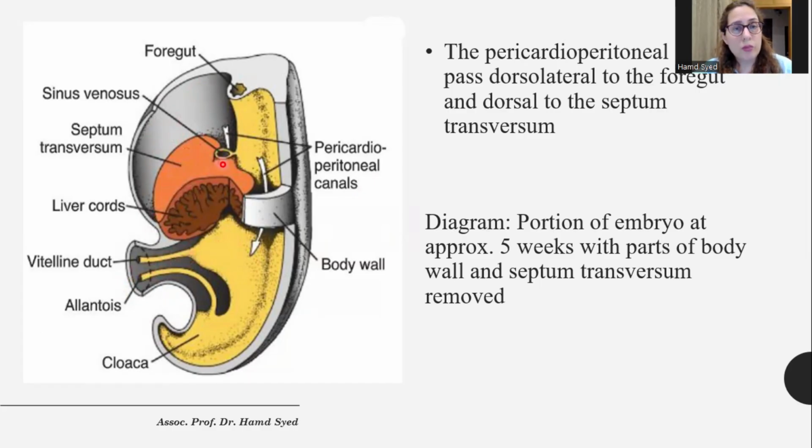Immediately behind the septum transversum on either side of the foregut are two canals or passageways. These are known as the pericardio-peritoneal canals because they are the communication of the primitive thoracic cavity above with the primitive abdominal cavity below. So the pericardio-peritoneal canals pass dorsolateral to the foregut and dorsal to the septum transversum.